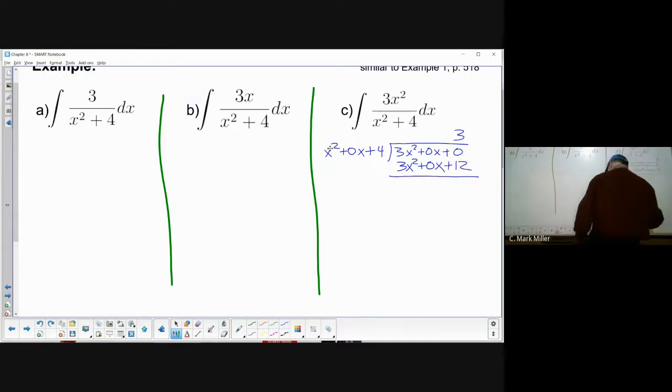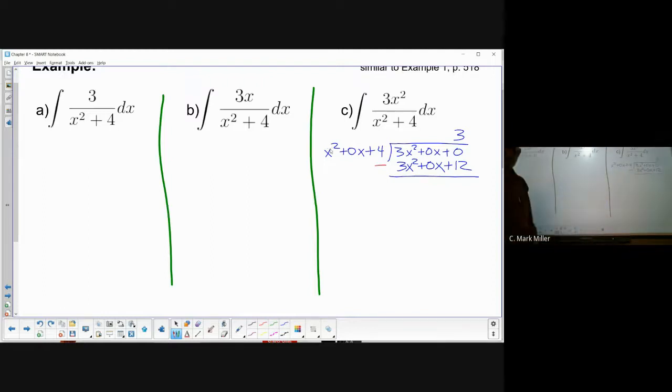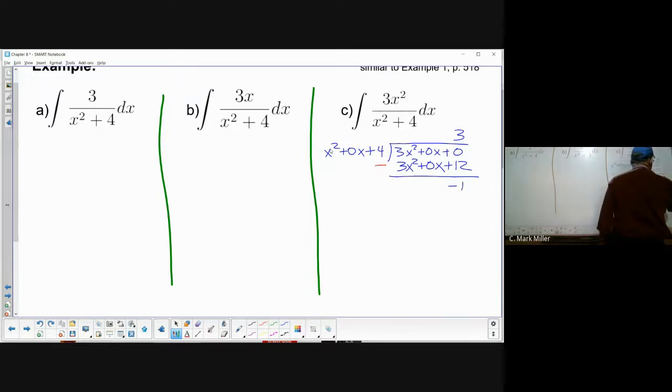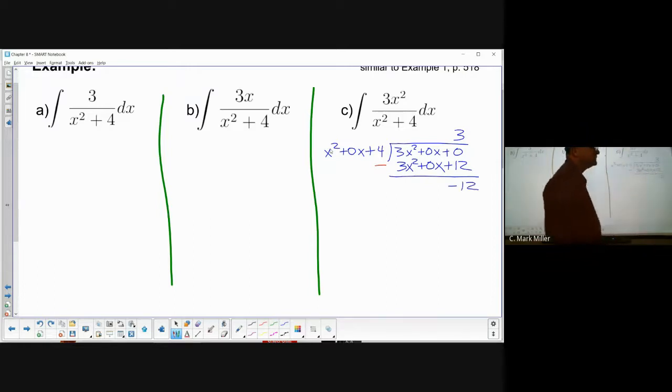Draw your line, and the operation is subtraction. 3x squared from 3x squared is a 0. 0x from 0x is a 0. 12 from 0 is a minus 12. So what does that mean?